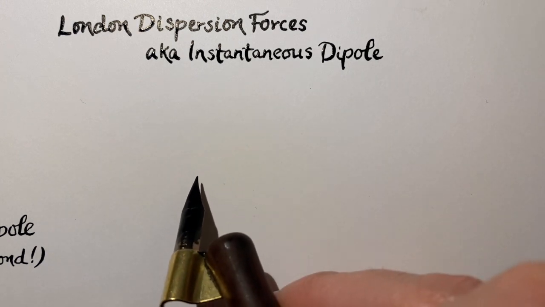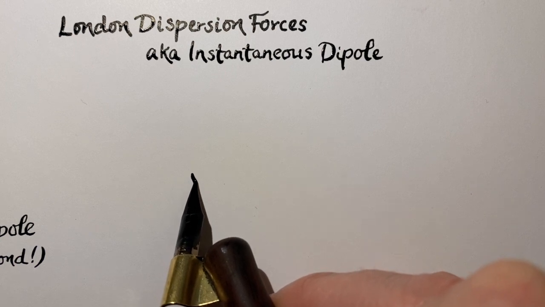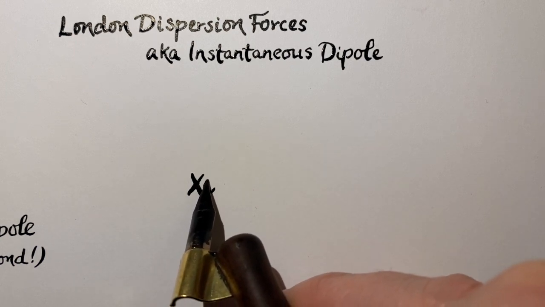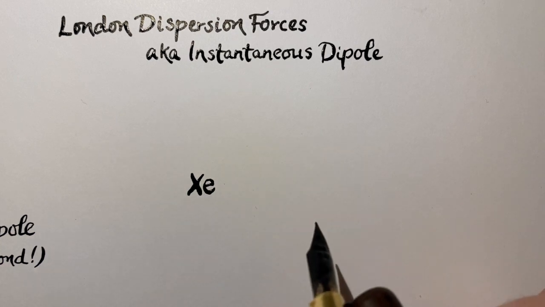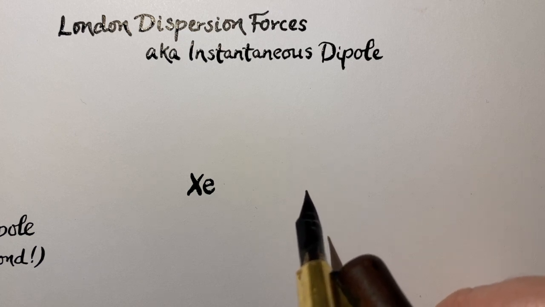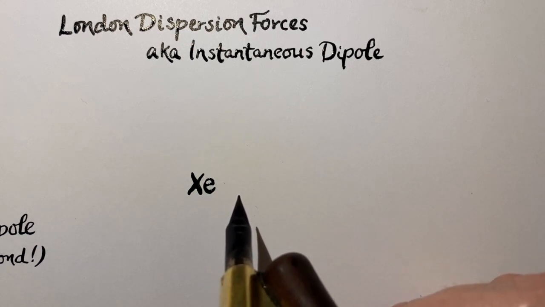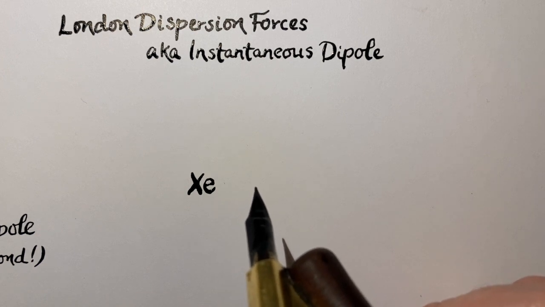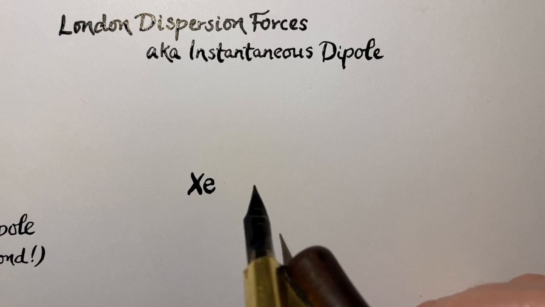Xenon is a very large element, and it has a lot of electrons. In fact, I should look up and see how many electrons it has.